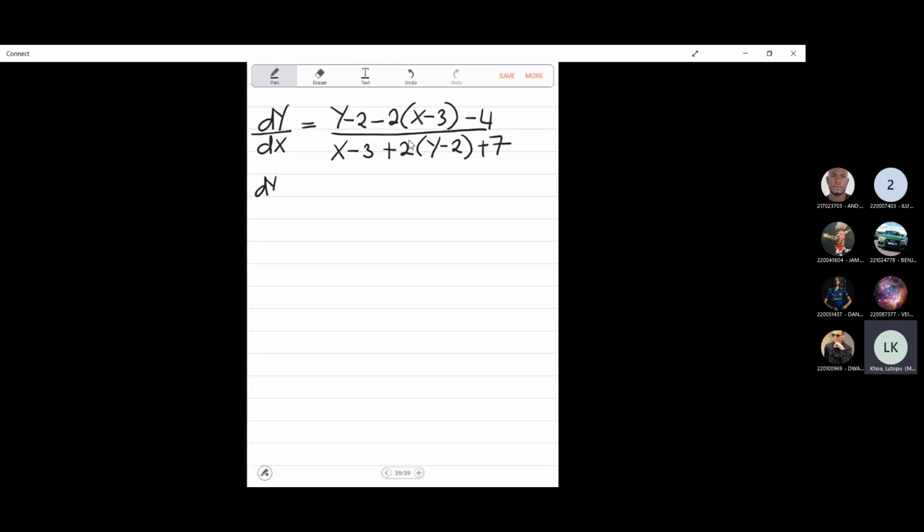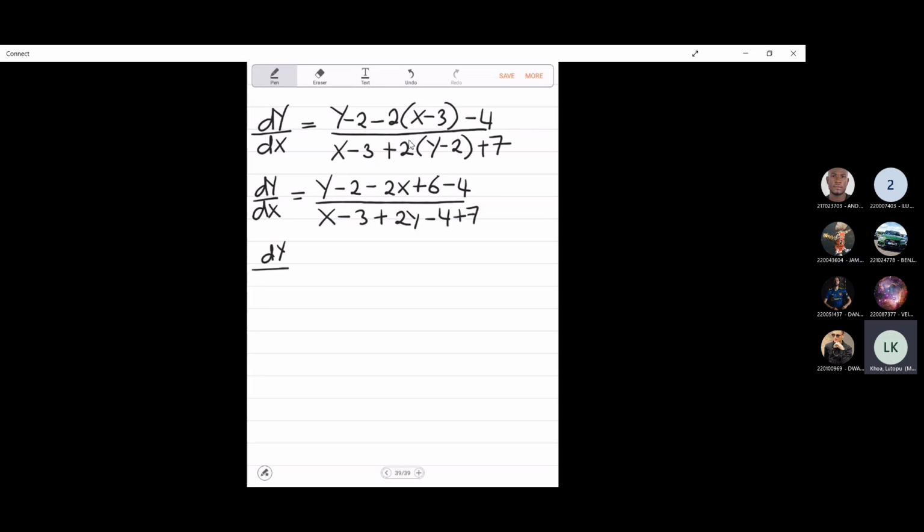We have dy/dx. This is big Y - 2 minus 2x plus 6 minus 4, over x minus 3 plus 2y minus 4 plus 7.